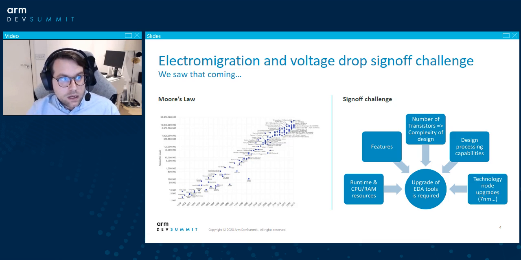So let's start with the same old story of Moore's law. Although it's debatable these days if it still applies, the purpose of this reference is to highlight the sign-off challenges that arise along with Moore's law diagram. As we can see on the left-hand side, we have the Moore's law diagram, and on the right-hand side, we have some outcomes of that.